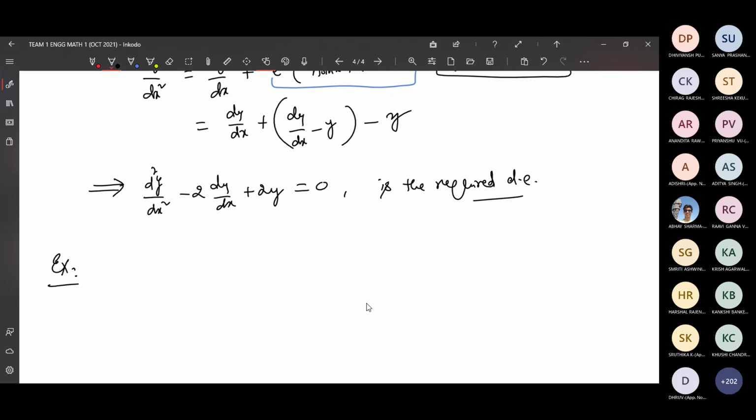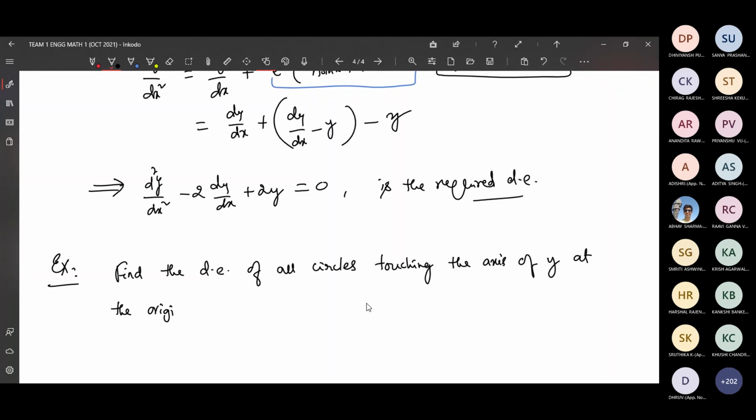Find the differential equation of all circles touching the axis of y at the origin and centers on the axis of x.